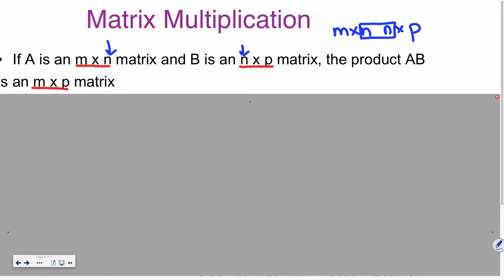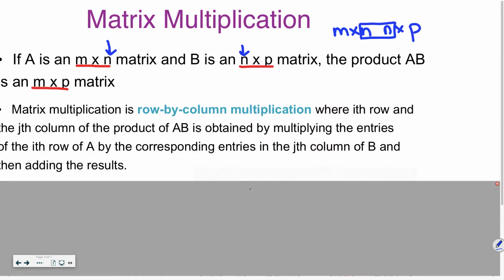When we multiply matrices, we do that by row by column multiplication. That's what I want you to fill in there. And then we're going to read that paragraph together.